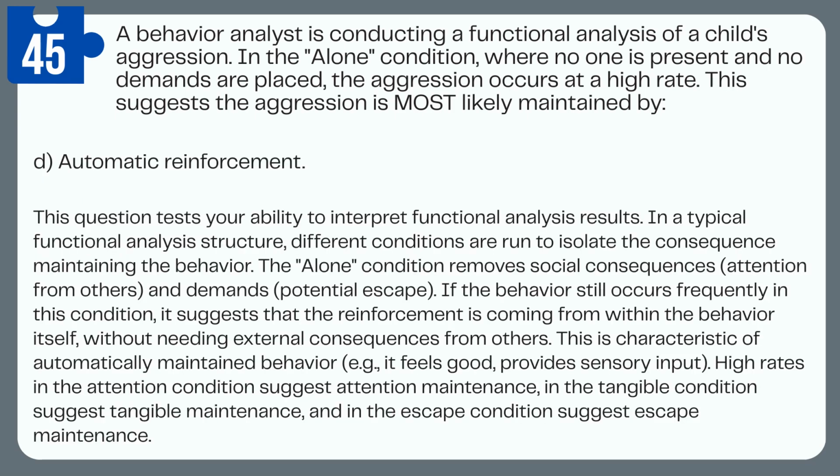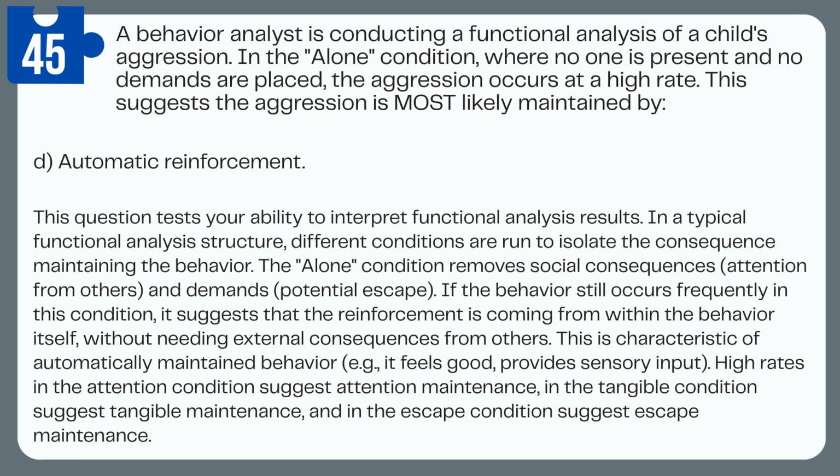Answer D. Automatic reinforcement. This question tests your ability to interpret functional analysis results. In a typical functional analysis structure, different conditions are run to isolate the consequence maintaining the behavior. The alone condition removes social consequences, attention from others, and demands, potential escape.